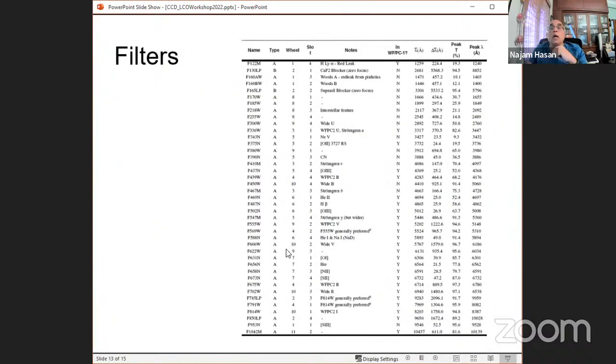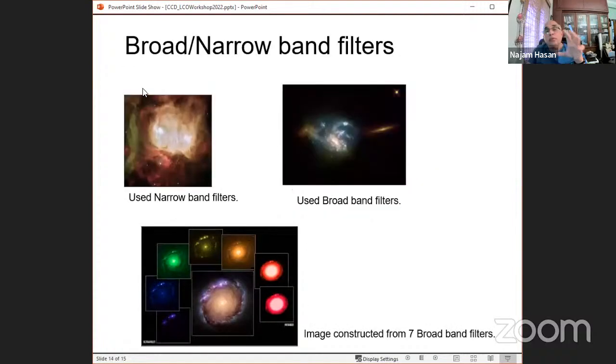Okay. What we see here are a host of different filters. Priya spoke about the U, V, R, I, and so on, but there are various filters, and we have these narrowband or broadband filters. So narrowband filters let through light of certain wavelengths in a very small range.